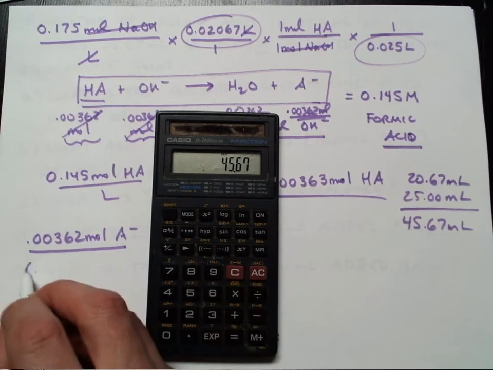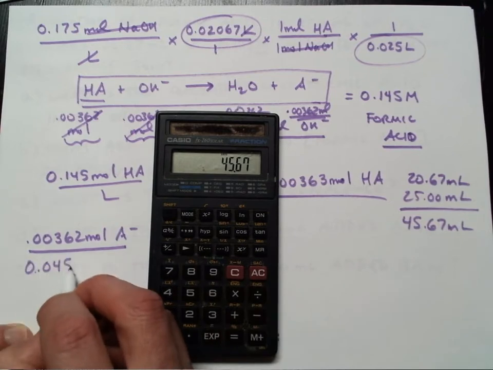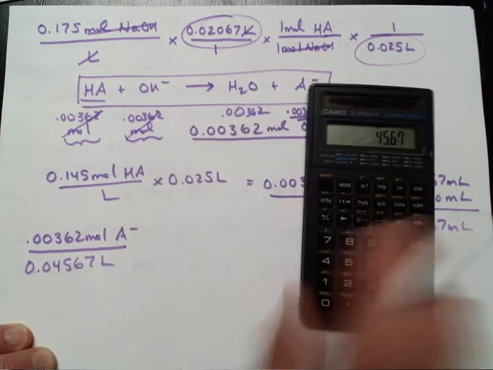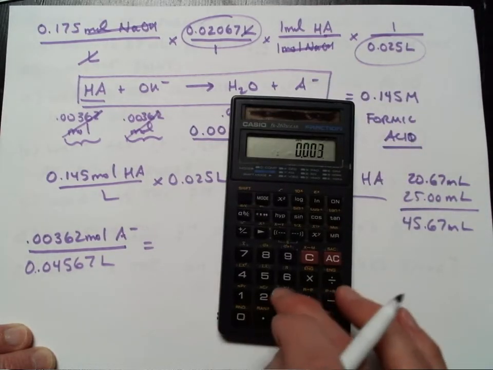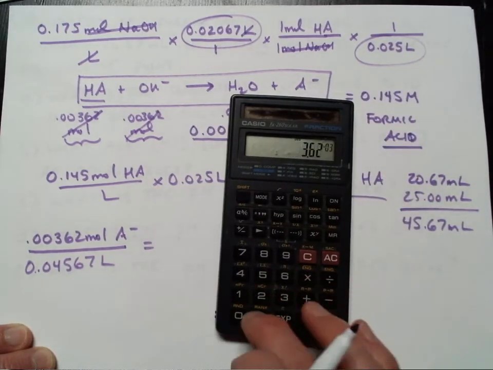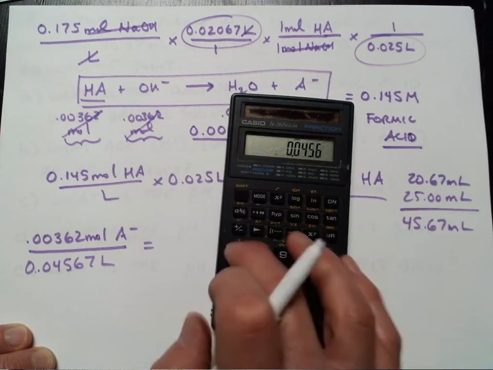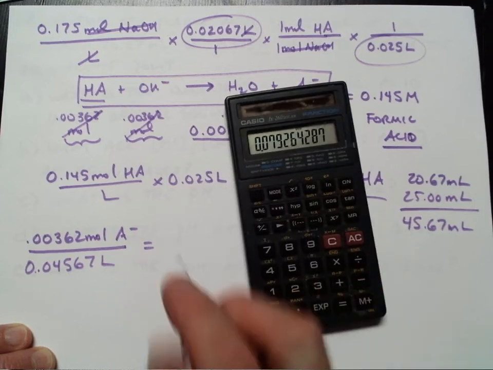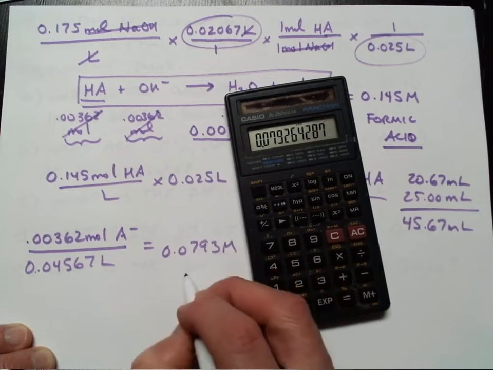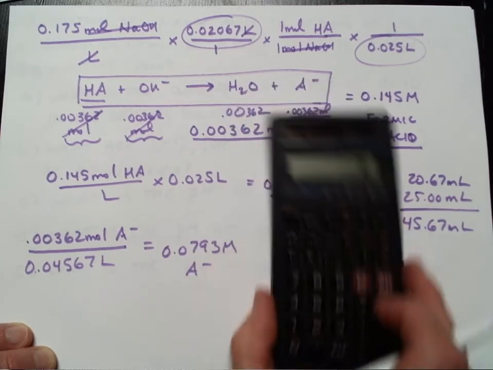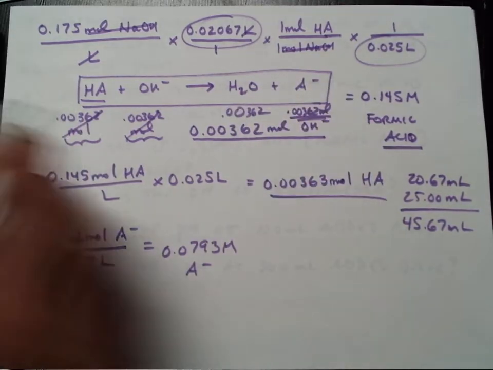So I better divide this by 0.04567 liters. So I know my concentration of weak base: 0.00362 divided by 0.04567, 0.0793 molar of the formate anion.